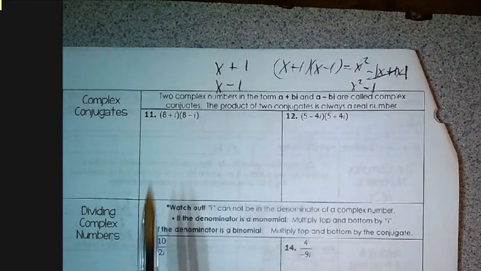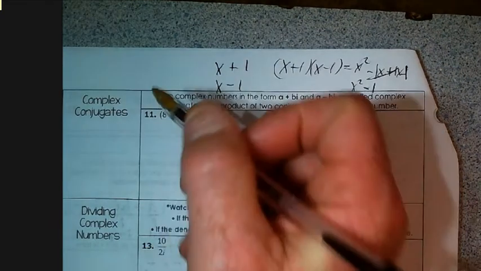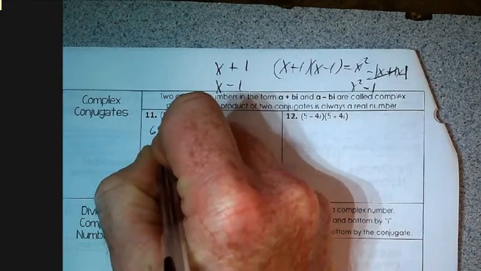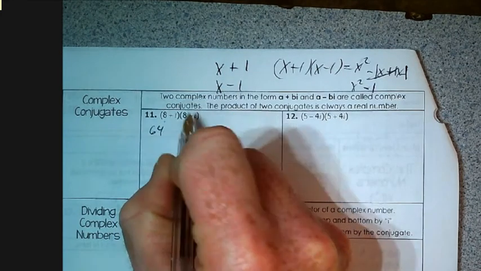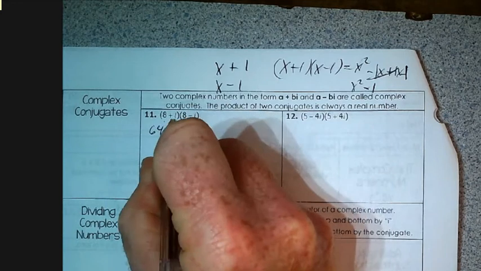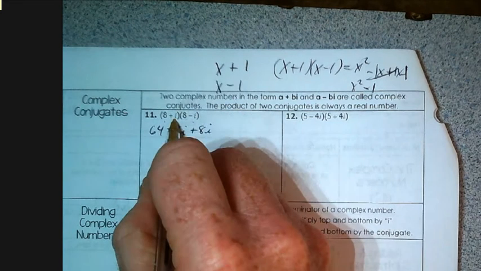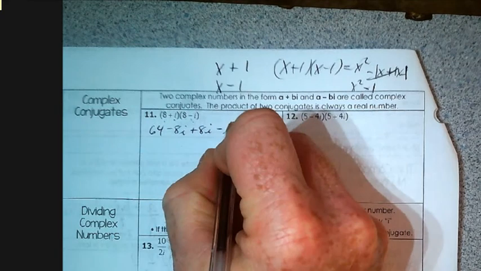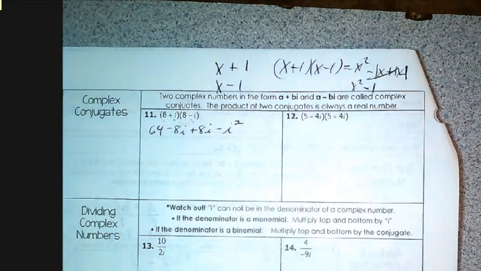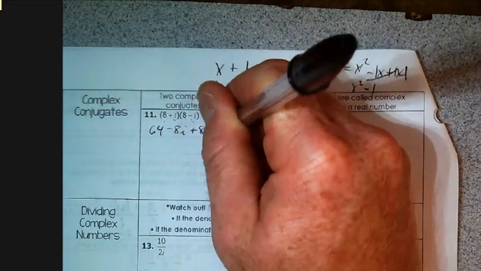So, we got 8 times 8, 64. And then 8 times negative i, negative 8i. And then i times 8, positive 8i. And then i times negative i is negative i squared. Okay, so don't forget there's a 1 in front of this i squared.